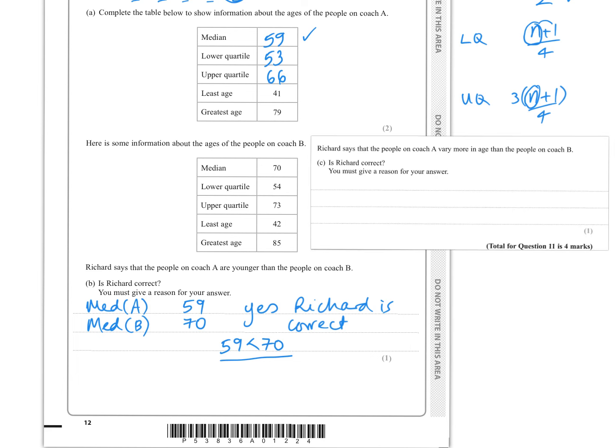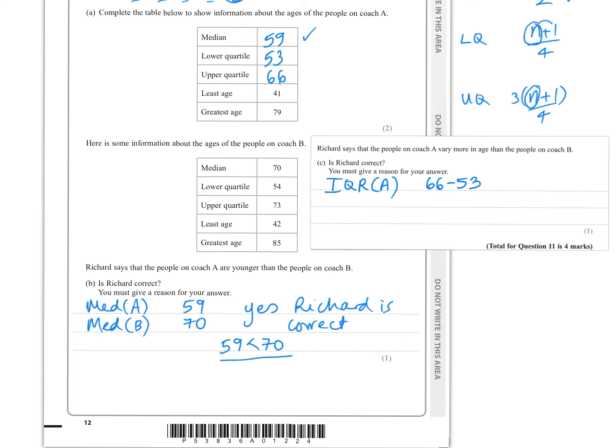For part C, it says Richard says that the people on coach A vary more in age than the people on coach B. So I would look at the interquartile range, which is the spread of the 50% of the data. The interquartile range for A is between 66 and 53.